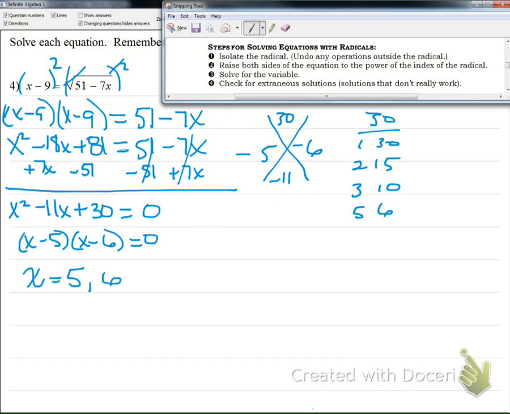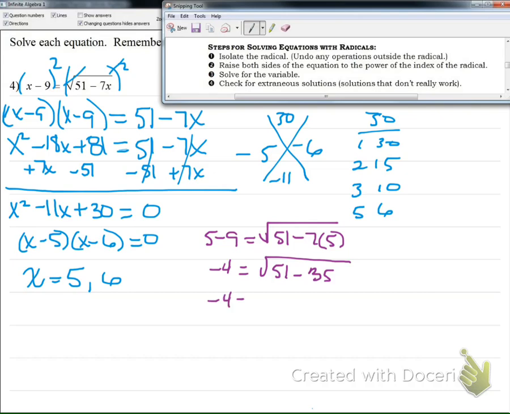Let's check to see if 5 is an actual solution that will work, so we plug it back into the original equation. 5 minus 9 is equal to the square root of 51 minus 7x, or 5. 5 minus 9 is negative 4. Square root of 51 minus 7 times 5 is 35.